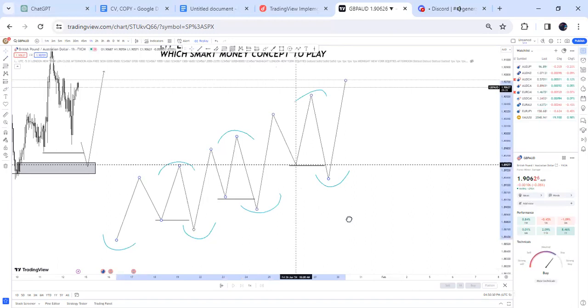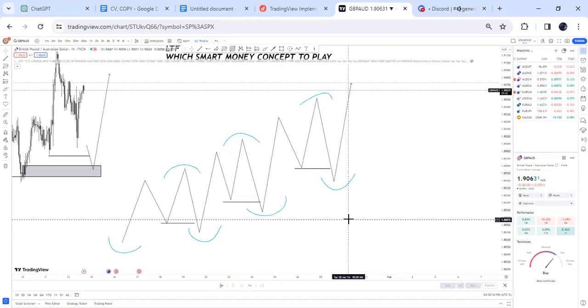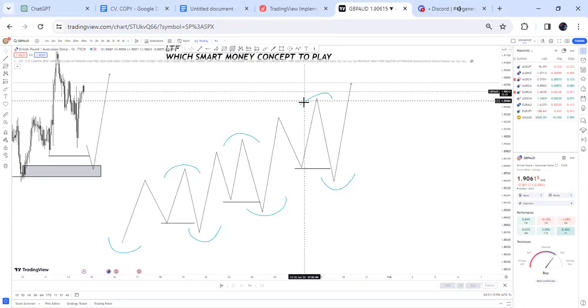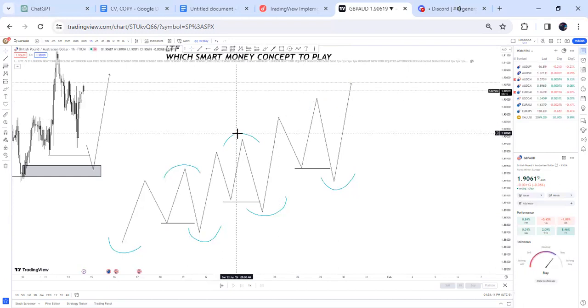And now this is where we must get it right. When you are looking at your order flow, the best time frame to start from is your weekly time frame. Your weekly time frame is where you want to start looking out for your order flow from. All right. What is the direction of the market?